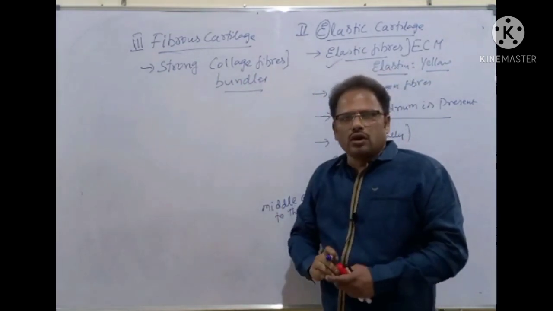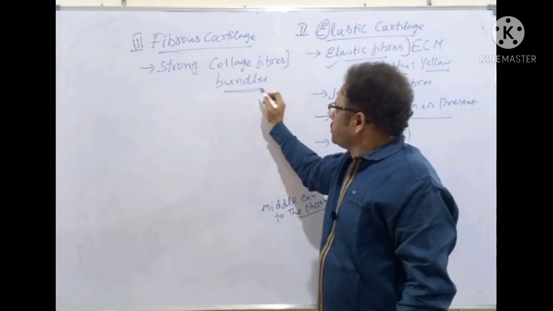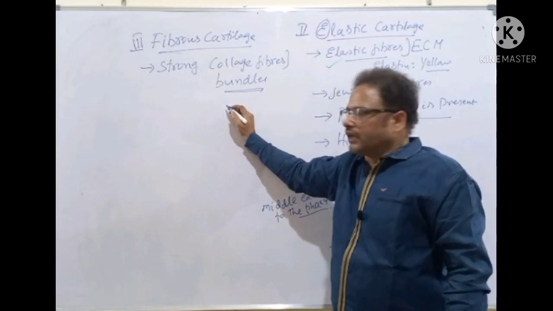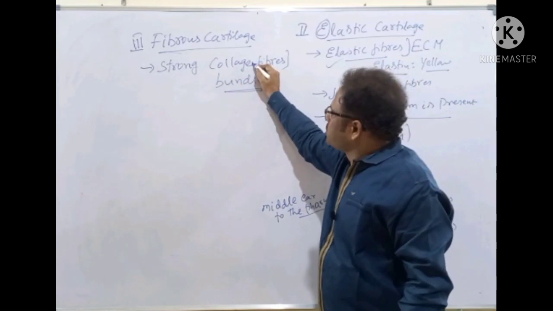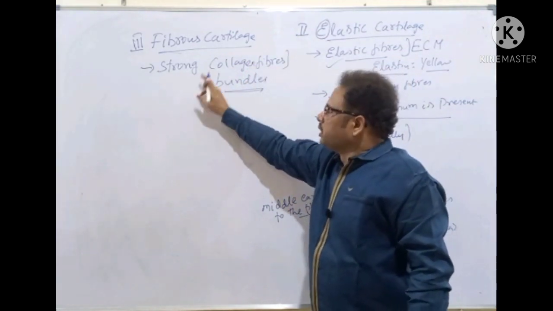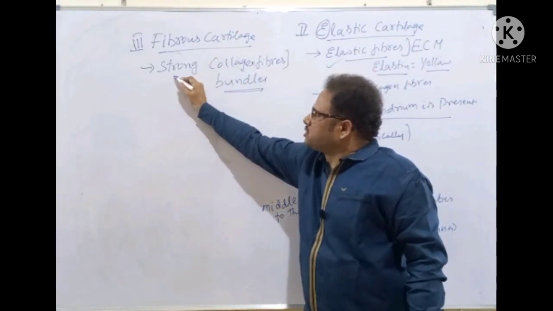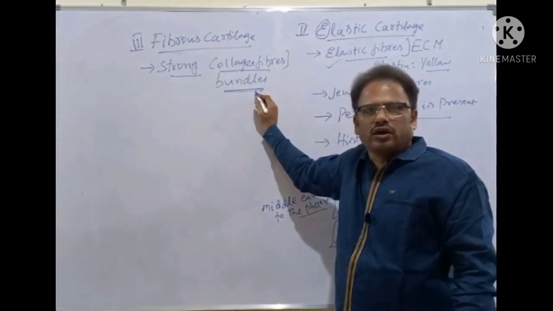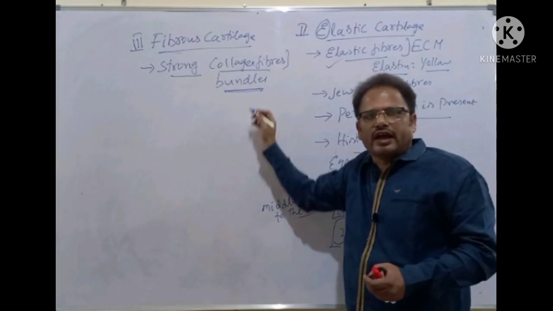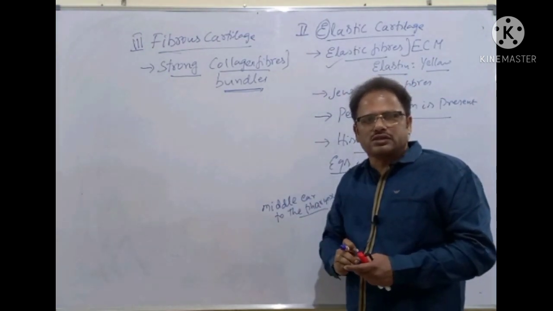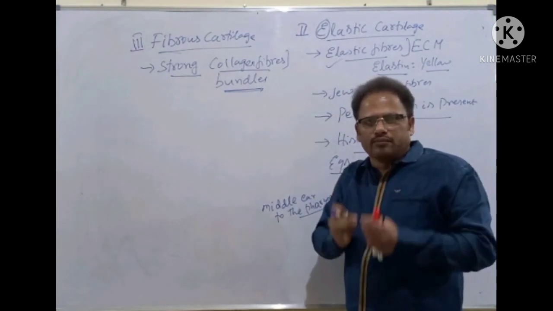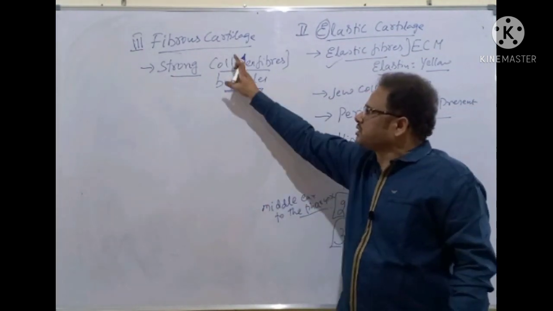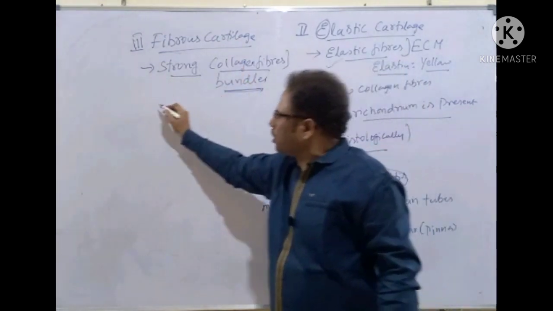Just now, in the session, we had discussed that the hyaline cartilage is also made of the collagen fibers. But what's the difference here? The fibrous cartilage is made of the strong collagen fibers which are arranged in the bundles, whereas hyaline cartilage is made of the delicate and weak collagen fibers which are very few in number. That's why hyaline cartilage is the weakest cartilage, whereas fibrous cartilage is the strongest cartilage.